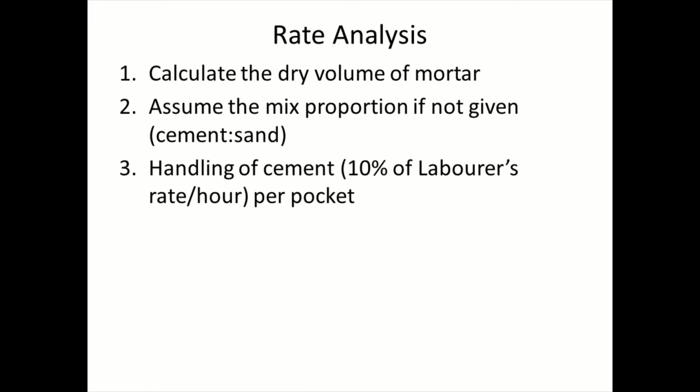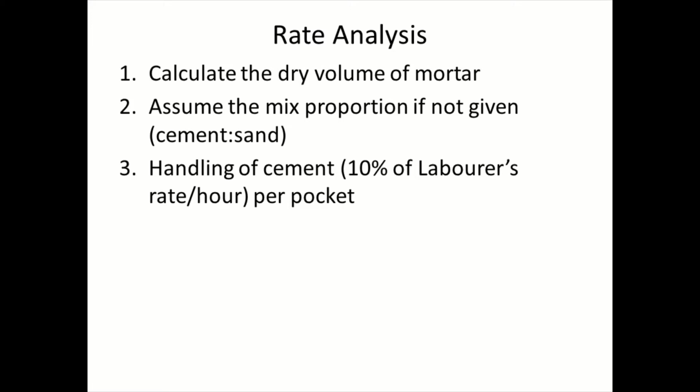So we now need to determine the quantities for the dry volume of mortar given the fact that it shrinks when it is wet. I don't want to confuse you. You will see when we get to the calculations what I'm talking about exactly. So you will take into consideration the shrinkage factor or the bulking if you do know how much it bulks by, from wet to its dry state.